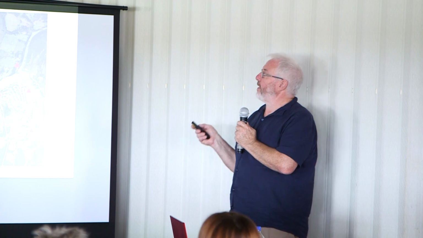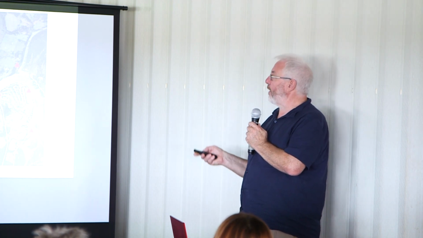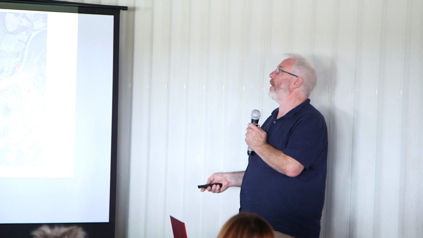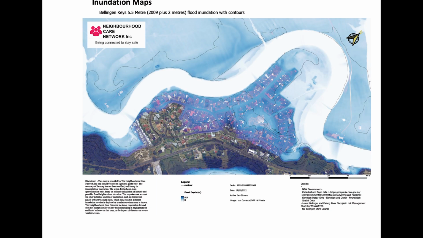So one of the things about this map is trying to bring local awareness, be aware of your local situation. These are what are called inundation maps, and they've been created just using a very simple calculation.